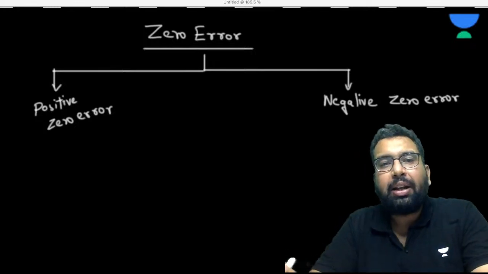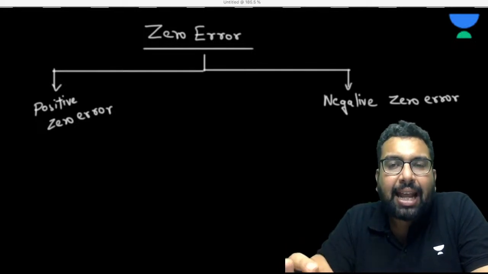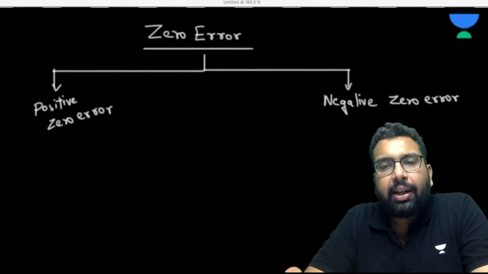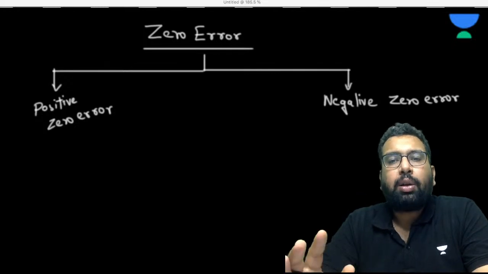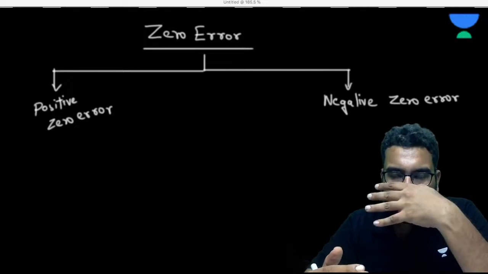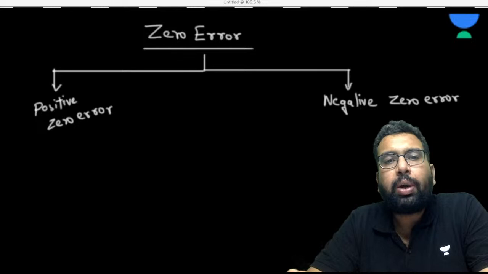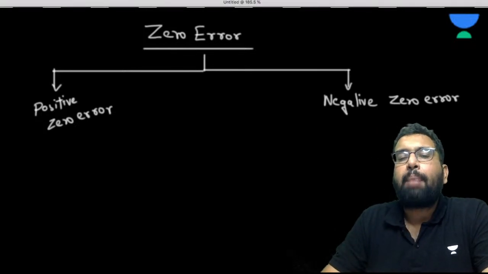So what is zero error? A good, errorless vernier caliper will have, in the closed position, the zero of the main scale exactly coinciding with the zero of the vernier scale. But when it has zero error, it does not happen this way.